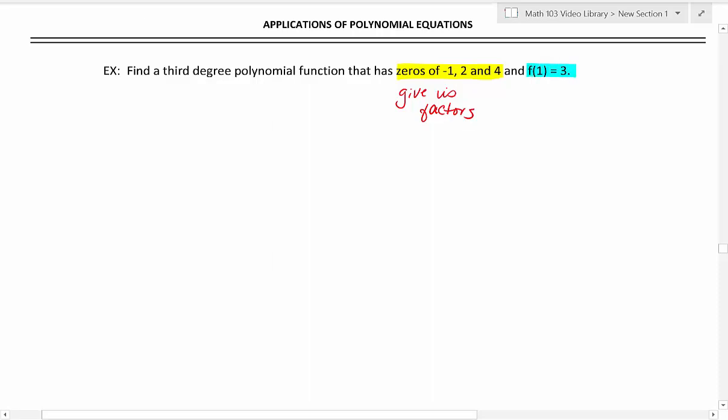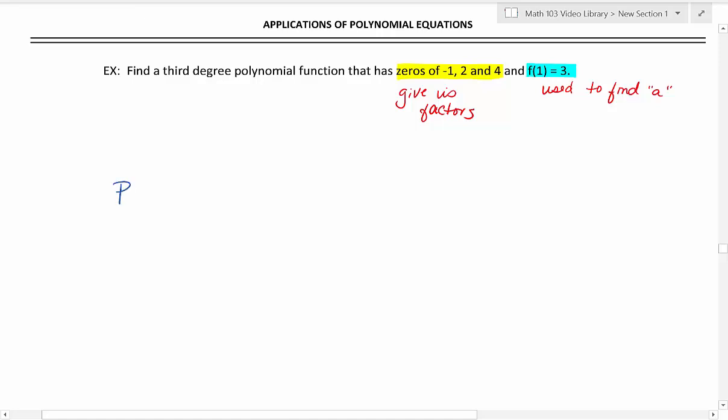And the f of 1 equals 3 will be used to find our leading coefficient A. It said it's going to be a third degree polynomial, and they provided us with 3 zeros. That tells us that there's not going to be any multiplicity on any of the factors.